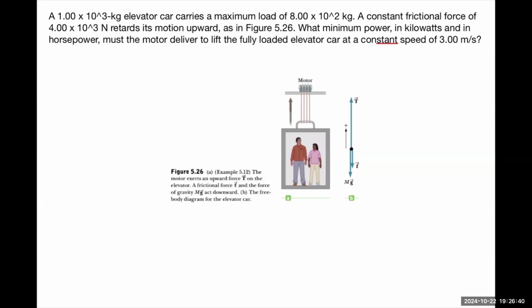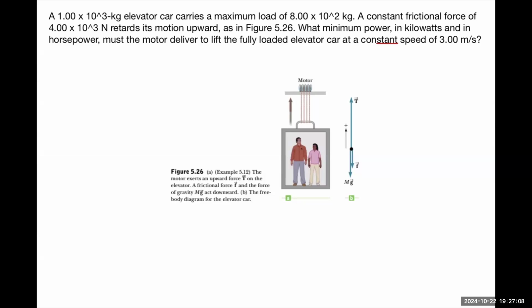Okay. So now what do you understand by this? When we say a fully loaded car at a constant speed of 3 meters per second, anyone can chime in and participate in this discussion.